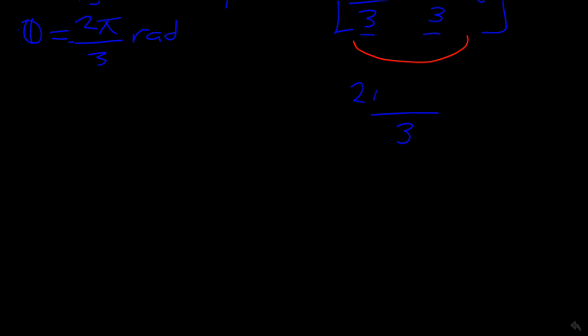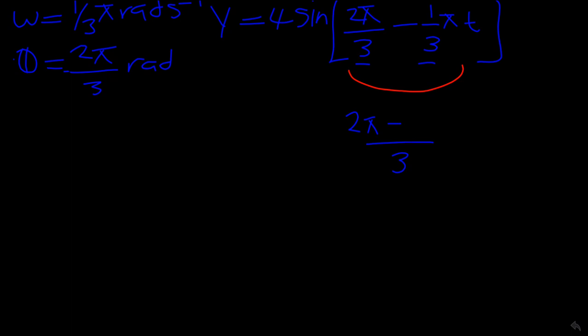You get here to be 2 pi minus 3 into 3 again, this 3 into this 3 will still give us 1. 1 times 1, you still get pi t. So I just simplify this now, and we've got 2 pi minus pi t over 3.